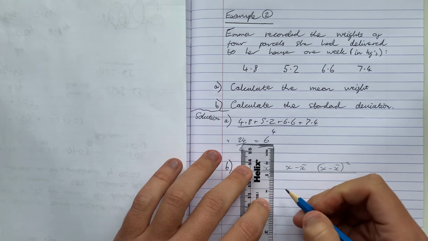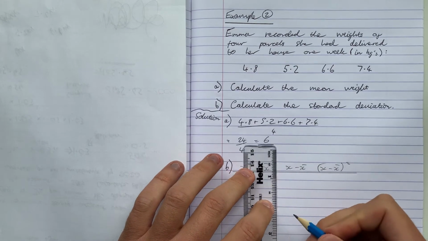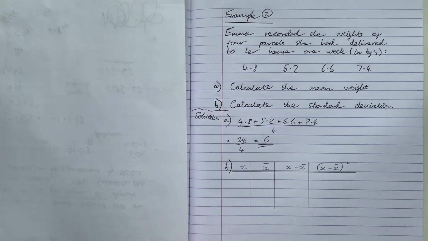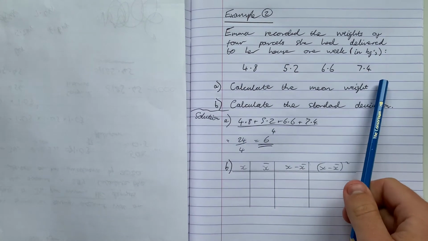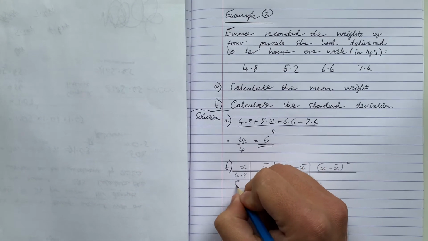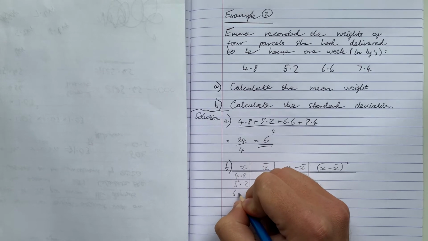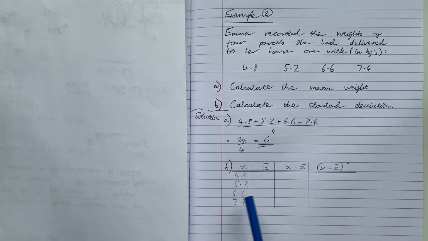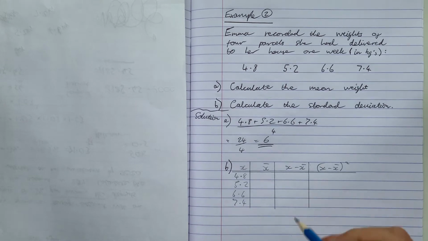So if you can actually look at the formula and try and remember it, it will help you. So what goes in here then? In the x column, that's my variables, so I'm going to put those numbers in. 4.8, 5.2, 6.6, and 7.4. I'll point out you don't actually get any particular marks for the actual working in the table. You only get the actual marks for when you finish the table, but it all matters.